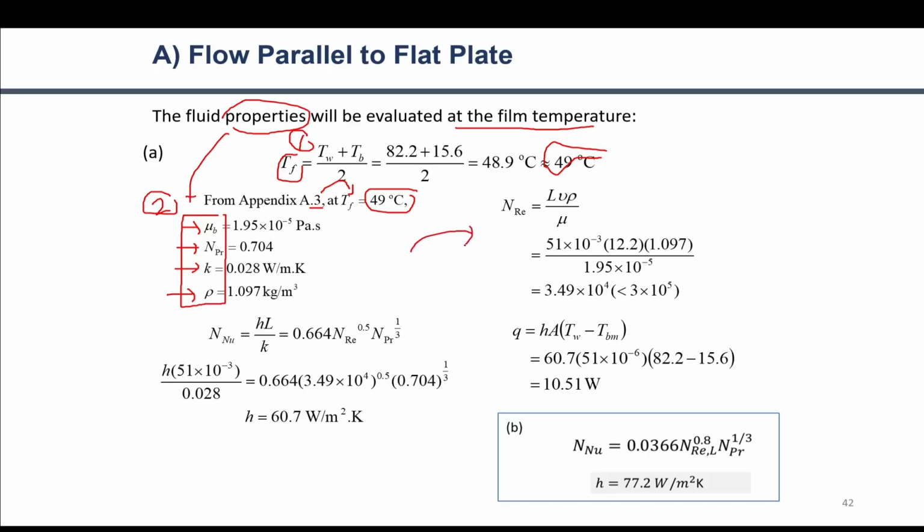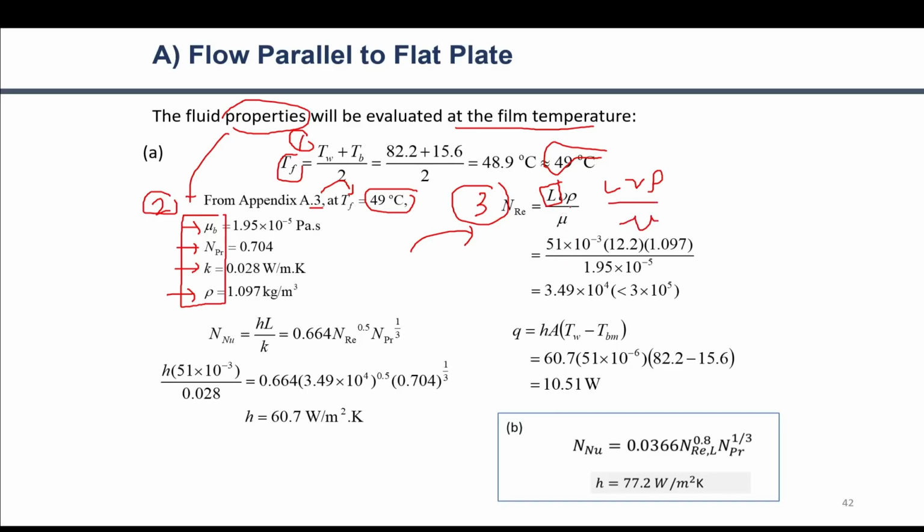Next step, we calculate the Reynolds number at L, at the length of the flat plate. Reynolds number is equal to L multiplied by velocity and rho, divided by mu.